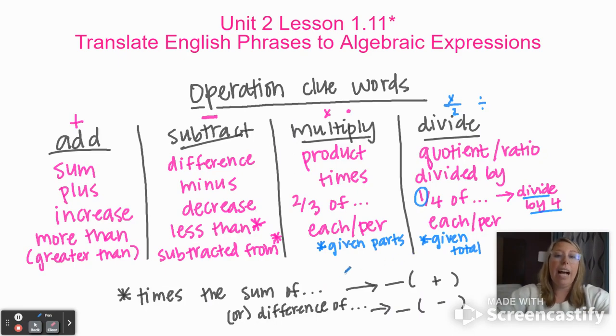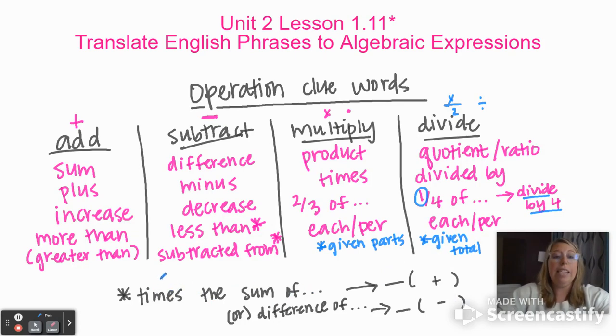Last thing I want to touch on as far as setting you up for being able to interpret your problems is to watch out for these two specific phrases because they're going to indicate a distributive property situation.